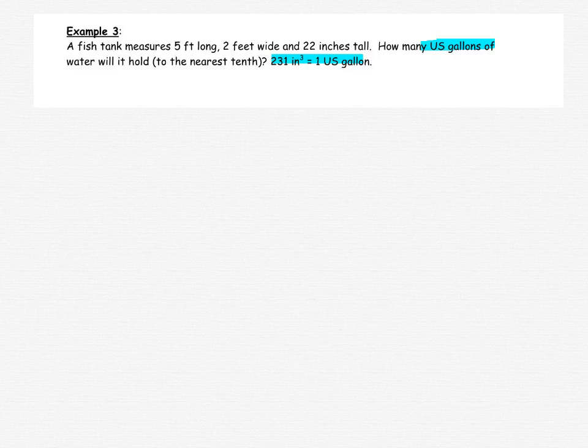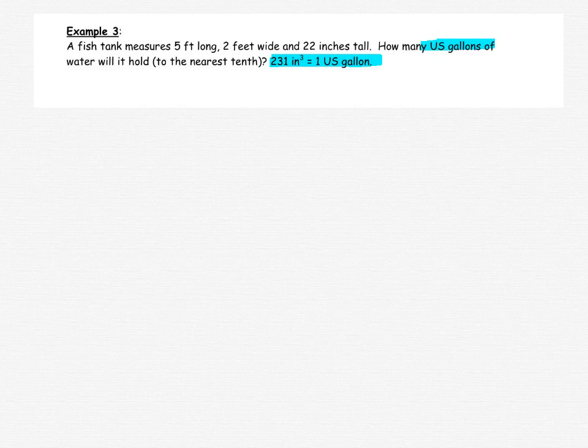And it gives you a conversion factor that says 231 cubic inches is the equivalent of 1 gallon. So that should be a clue that your final answer should be in cubic inches, so that you can convert it into a gallon or multiple gallons.